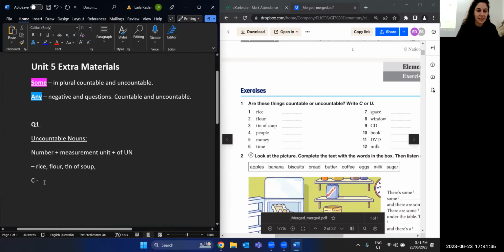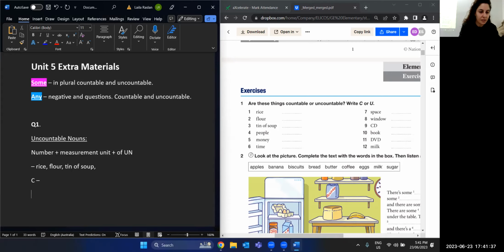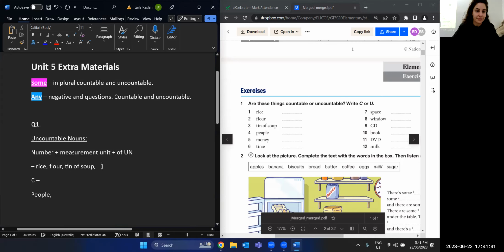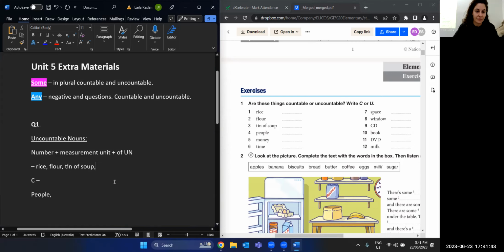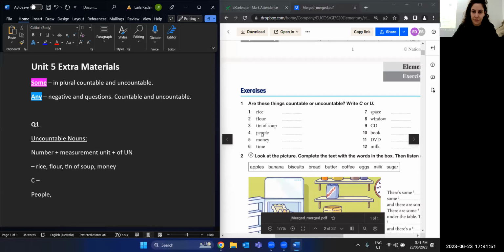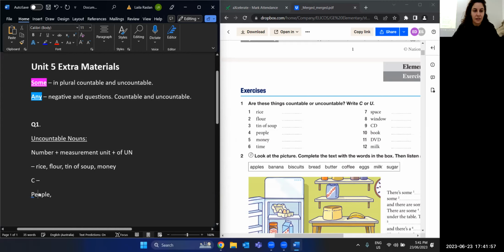Countable. Yeah, because I could say there's 6 people. So countable, people. Money. Uncountable. People is uncountable because we don't say 5 peoples.